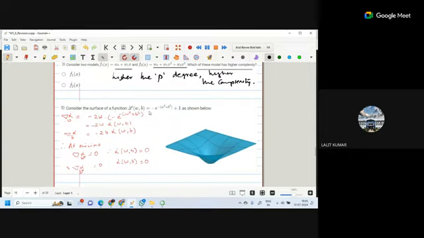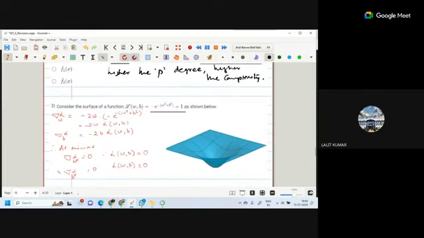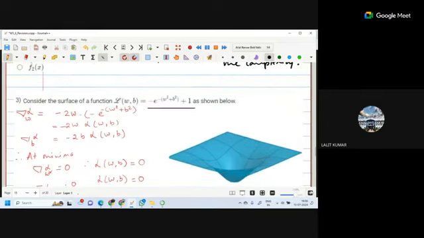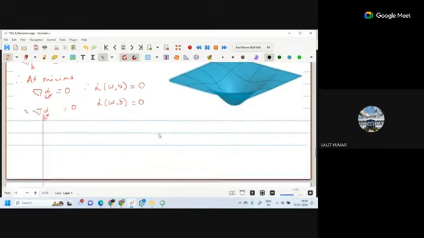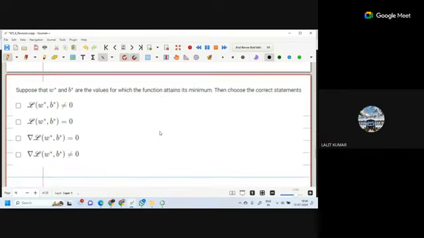Consider the surface of a function. The function has been given. I will zoom it. Minus e to the power minus (w squared plus b squared) plus 1. This is a loss surface. And the question: suppose that w star and b star are the values for which the function attains its maximum, then choose the correct statements.